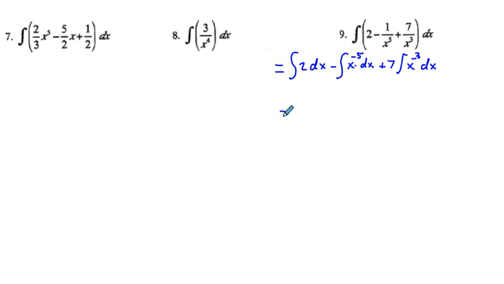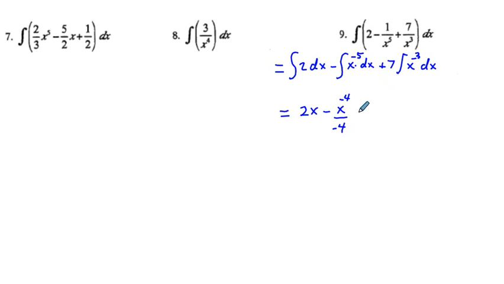And now integrating, we're going to have 2x. It's essentially 2x to the 0 power, and so we raise this x to the 0 power to 1 and divide by 1, so it ends up being just 2x. And we have minus x to the negative 5 plus 1, which is negative 4, and we're going to divide by negative 4.